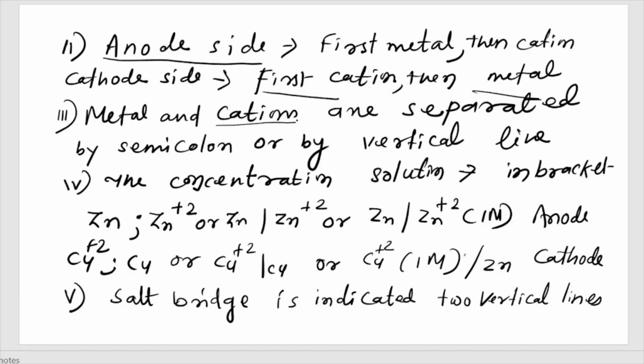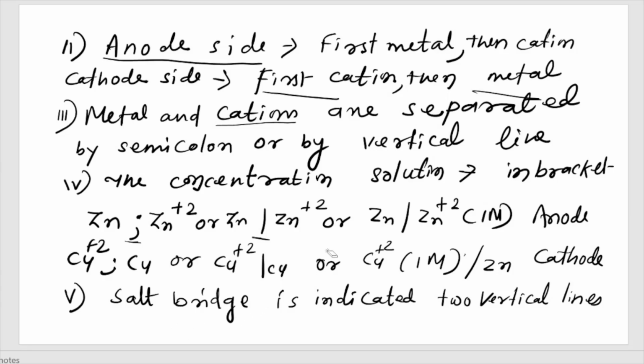Let us see, you want to represent Zn plus 2. How? By a semicolon, or you can represent it by a vertical line. Then the concentration should be in brackets. The last one is the concentration sign, M, molarity.